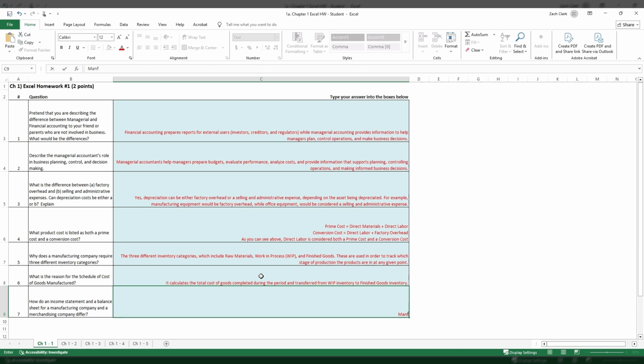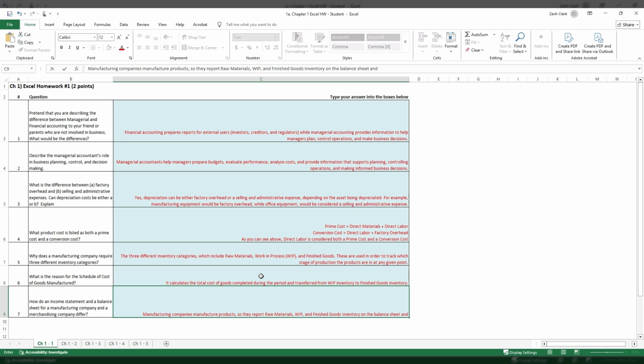Let's see. So manufacturing companies manufacture products, as the name would imply. So they report, as we mentioned above, raw materials, WIP, and finished goods inventory on the balance sheet. These are all inventory categories, just in different stages of production.